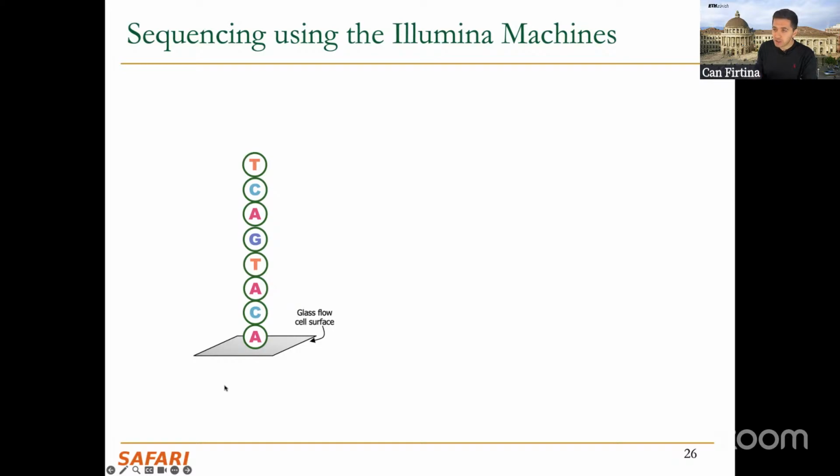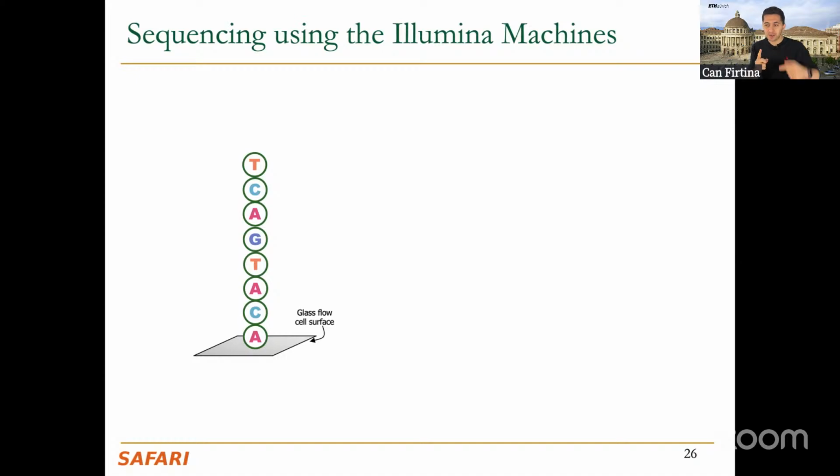The attachment is usually ensured during the library preparation process, such that we have certain nucleotides here. We attach them on purpose so that they bind to certain regions on this cell surface, because we will have the complementary part of, for example, the initial regions of this DNA. We already prepare them, and we know how they look.